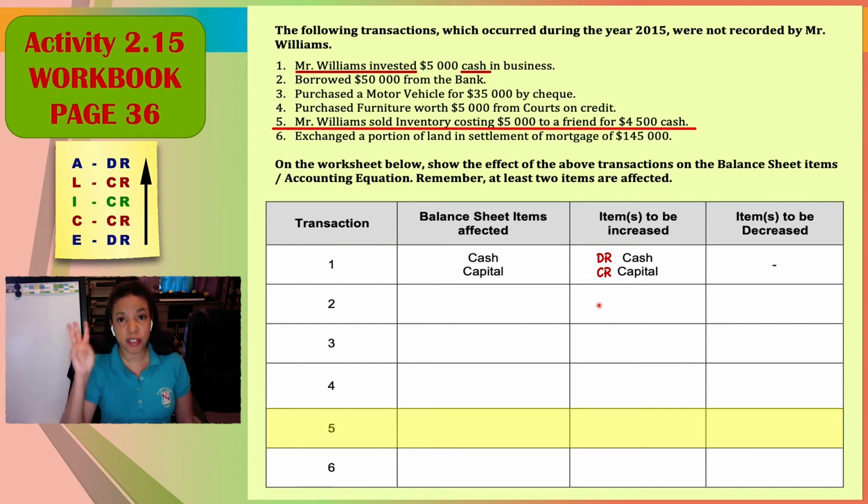So for the 3 items, you would see which 3 accounts, at least 1 must be a debit, at least 1 must be a credit, and the 3rd one, which I am hinting, there is a 3rd one for this transaction, would be either debit or credit. Okay, so I'll be very interested to see your answers for number 5, as in to record the entire transaction.